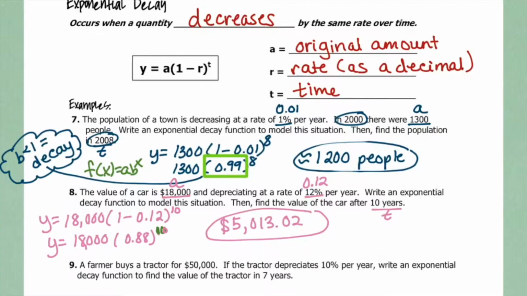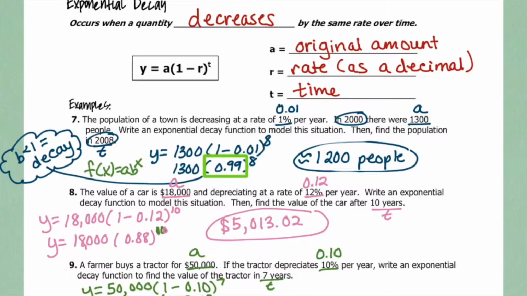All right, number 9, a farmer buys a tractor for $50,000. If the tractor depreciates at 10% per year, write an exponential decay function to find the value of the tractor after 7 years. So A is our $50,000. 10% we can convert to 0.10, and T is going to be that 7 years. So we have y equals our $50,000 times parentheses 1 minus the 0.10 raised to the 7th power. 1 minus 0.10 is 0.90.